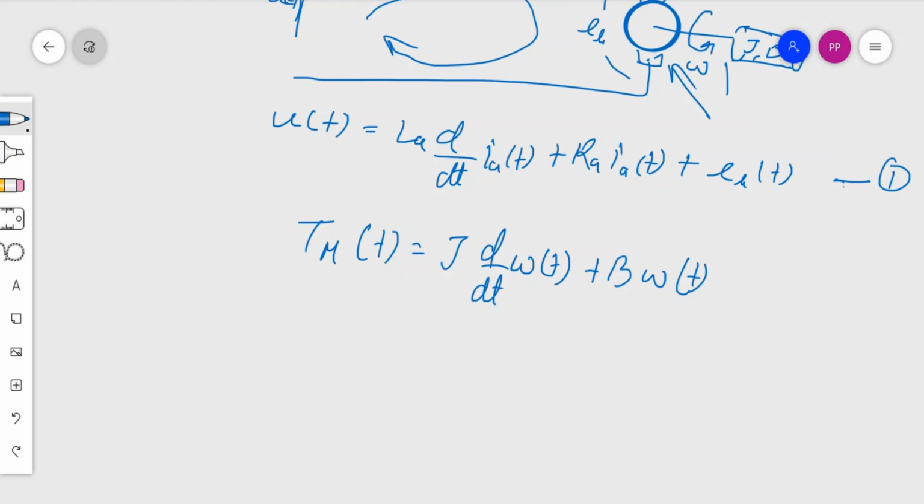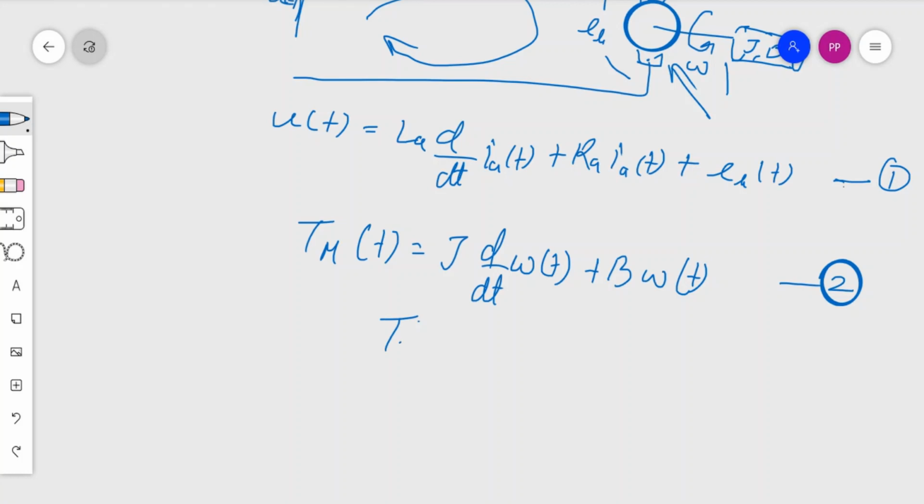So this is a standard equation, so we need not worry for that. J is the equivalent moment of inertia, Tm is the torque developed, and B is the equivalent viscous friction coefficient. Then omega is the angular velocity or angular frequency of the motor, and all are in respective units.